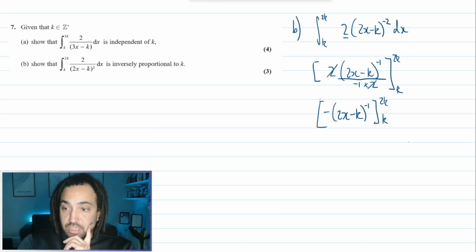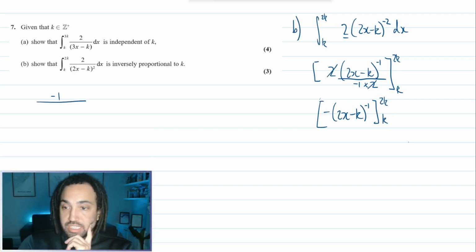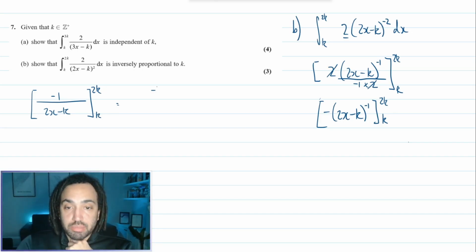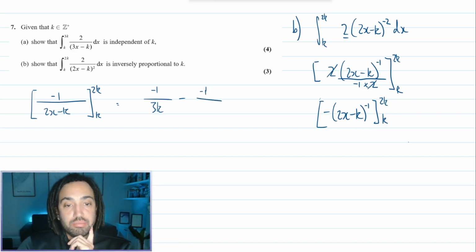So subbing in, I might rewrite this actually as negative 1 over 2x minus k. And I've got 2k and k. Okay, so subbing in, I will get minus 1 over, so 2k times 2 is 4k minus k is 3k. And then we're taking away the lower bound, which will be 2k minus 1k, which is just k.